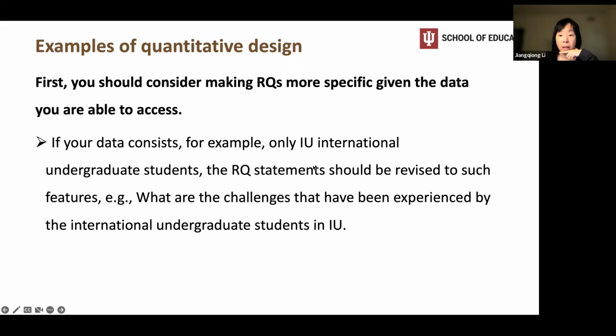And we mentioned this when we introduced the question: making your research question more specific helps you when you collect the data, because if your questions are too general and broad, it gives you so much work in data collection. So for example, if we narrow down to the institution as IU, then you're going to either collect data from IU undergrad international students or go to an in-depth case study with them, right?